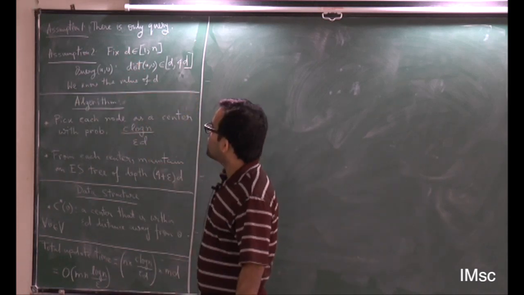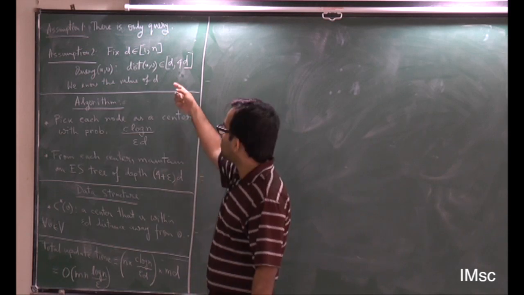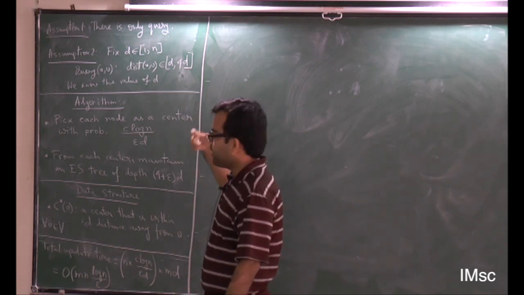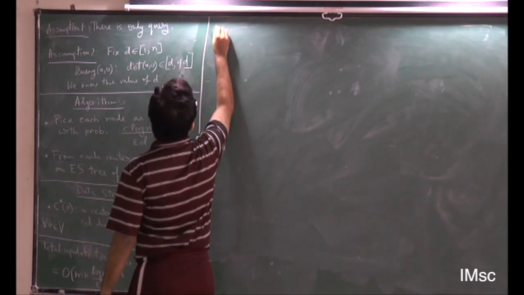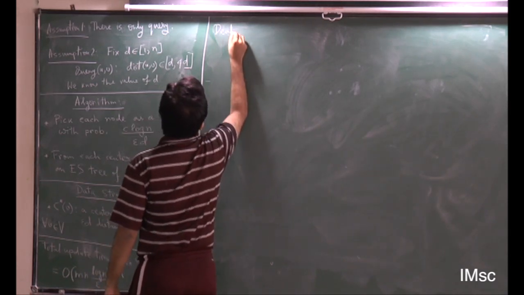So, let us first get rid of assumption 2. This distance, in which range this distance will belong. So, dealing with assumption 2.